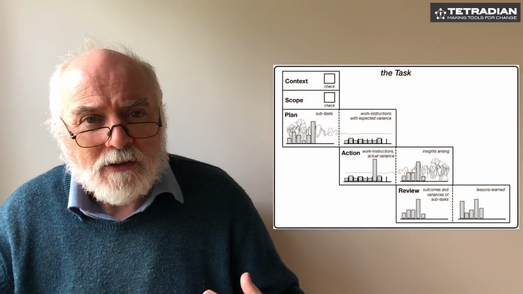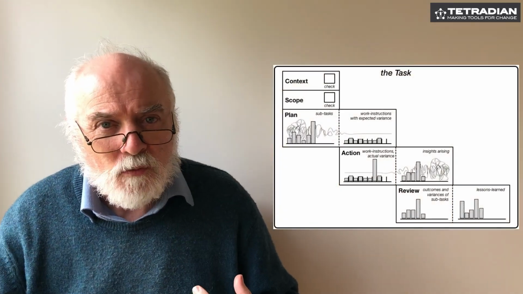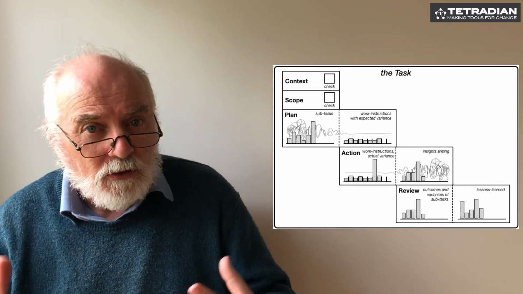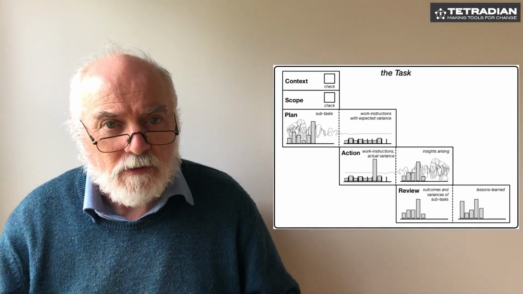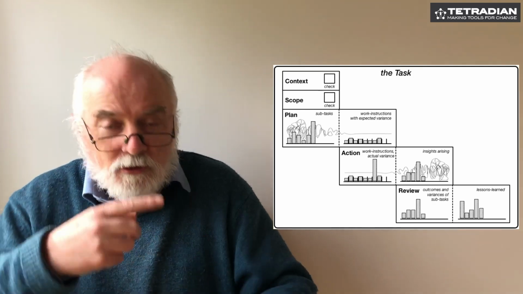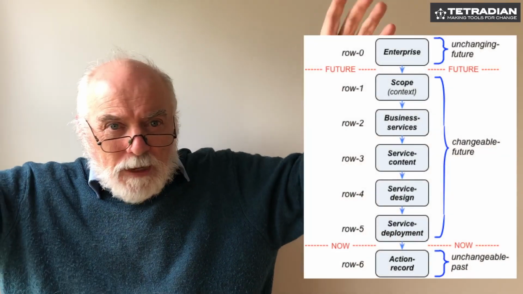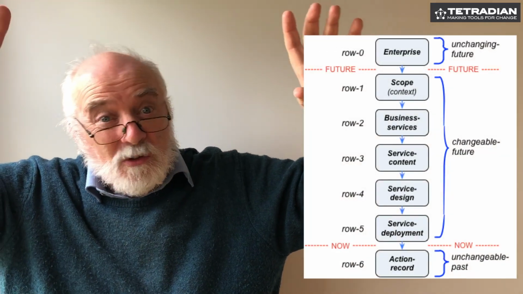Every single task works exactly the same way in change mapping. We're always going to check context, scope, do the plan, do the action, do the review, listen, learn, iterate round. So we want to be chaining different approaches. For example, we do a big picture of, should we even be doing this at all?